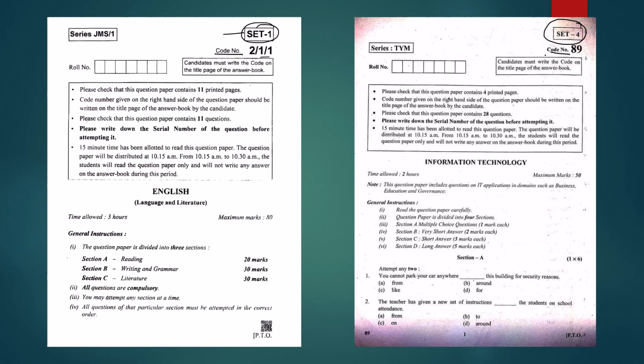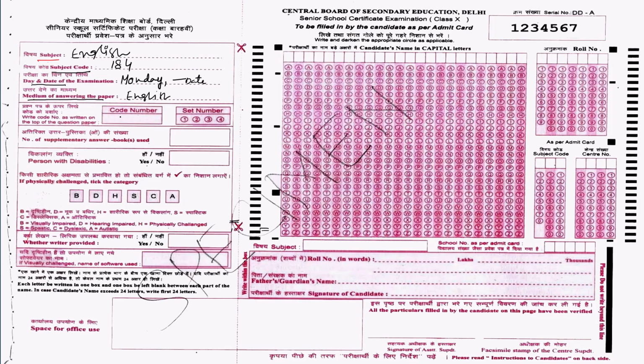In our example the code number is 89 and the set is 4, so you have to furnish that here. The code number is 89 and the set is 4, so you have to darken the circle of set number 4. Okay, so don't tick mark here, you have to darken the circle.